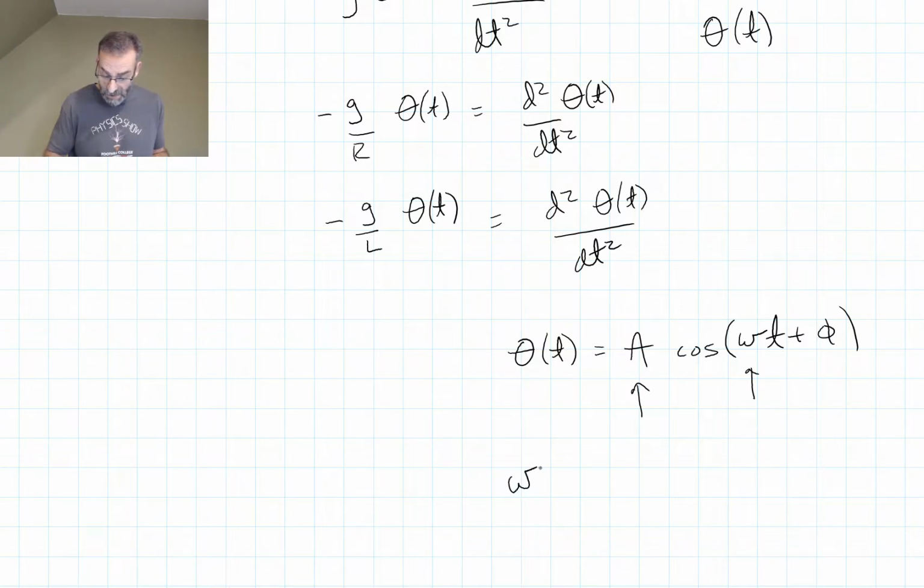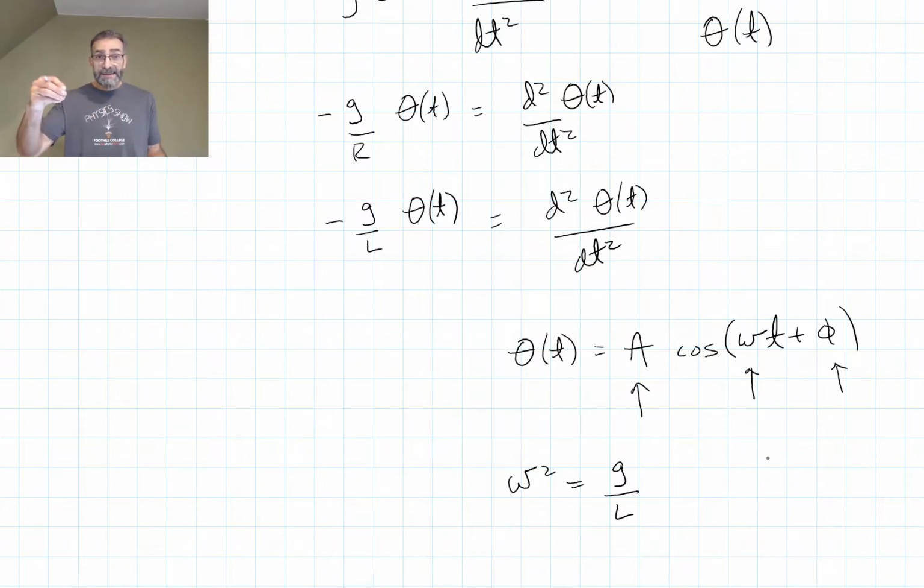So omega squared has to equal g over L. G, the acceleration of gravity, L, the length of our pendulum. And phi is used to set the initial conditions. What is this pendulum doing at t equals 0? Is it at its maximum displacement at rest? Or is it moving through the equilibrium position with maximum speed? Or is it somewhere in between?